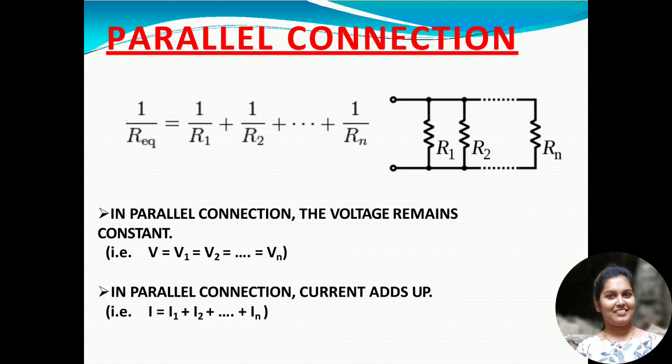Every time you connect resistors, you see whether the total resistance is according to the circuit requirement or not. If you want to increase the resistance, you can choose series connection, and if you want to decrease the resistance in the circuit, you can choose parallel connection. Depending upon these points, the selection of the connection can be made.